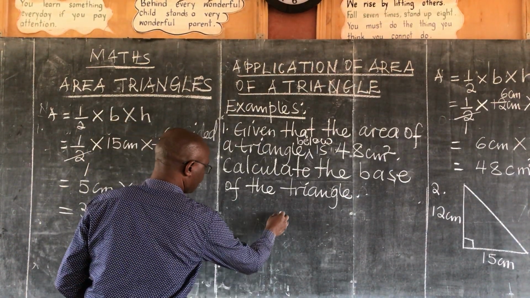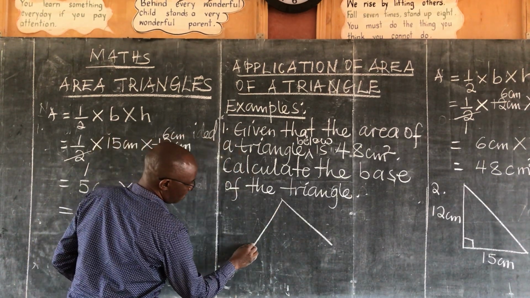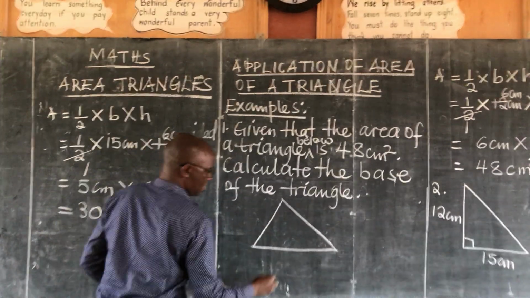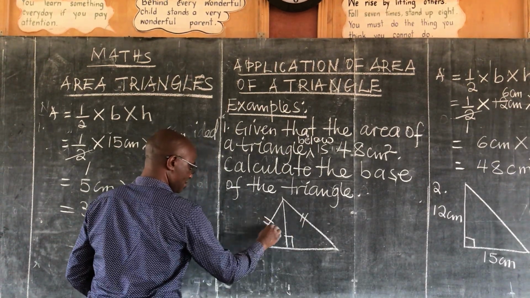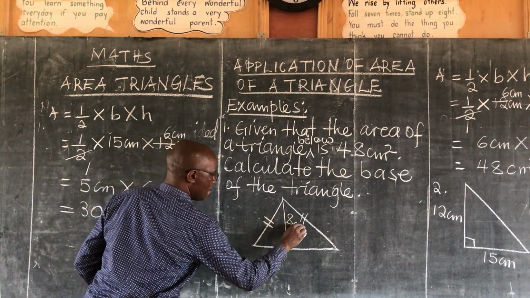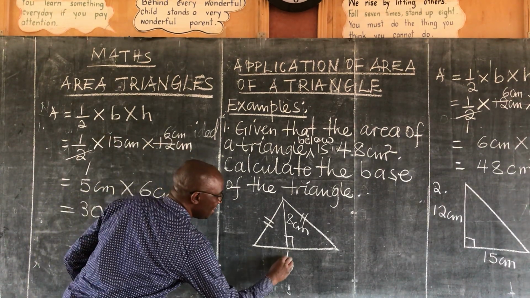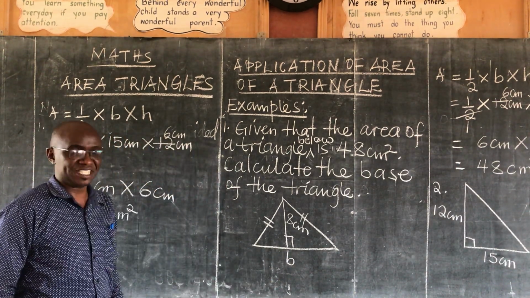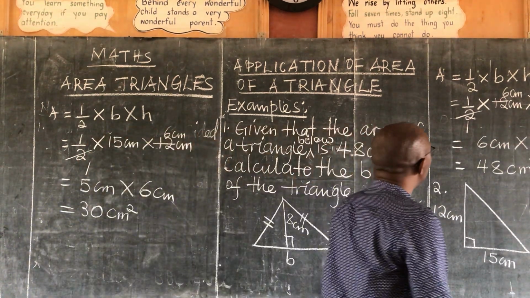Now, this is our triangle. They have given us the height. The height is 8 centimeters. The base is not given, but they have given us the area and the height of the triangle.